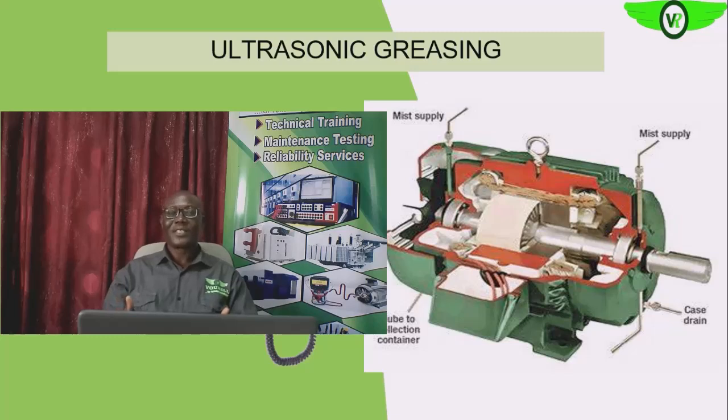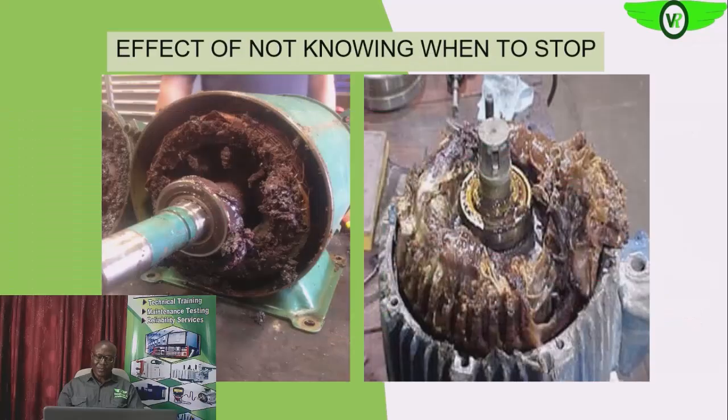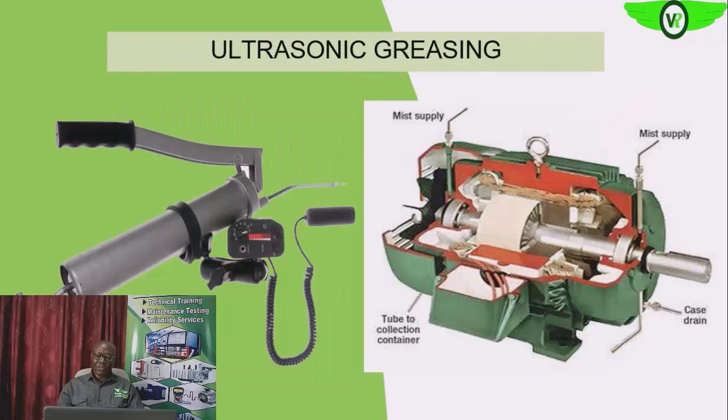Then as you grease it, that noise or signal will be reducing. Once you see that sharp reduction, that will be the point to actually stop greasing the bearing. What I've just explained, we will see much later.